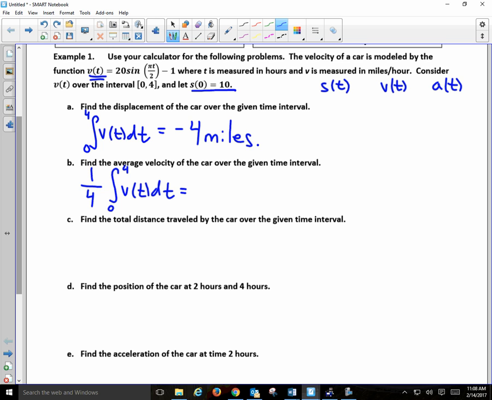Do we already know the integral from 0 to 4 of v of t dt? Yeah, it's negative 4. So I have 1 over 4 times negative 4, and I get negative 1. Negative 1 what? Miles per hour. So on average, its rate has been negative 1 miles per hour.